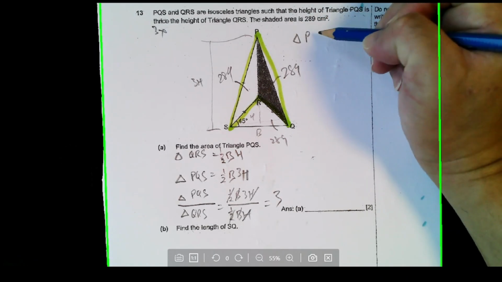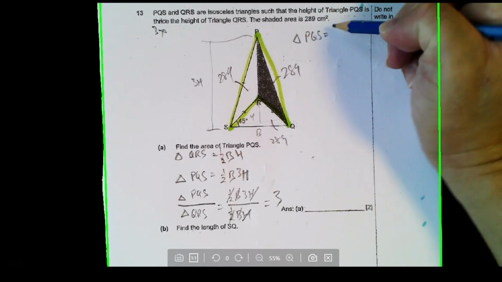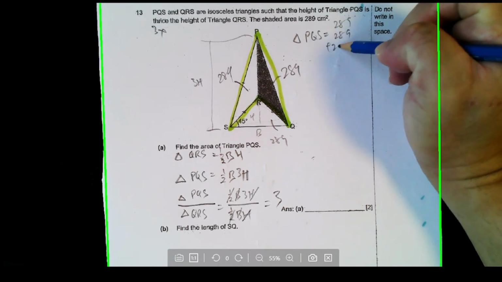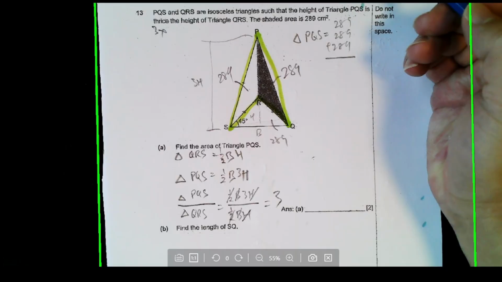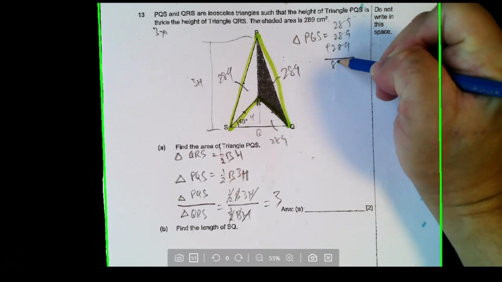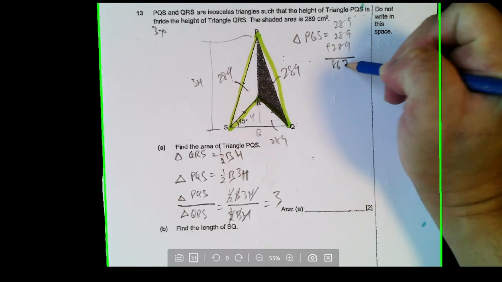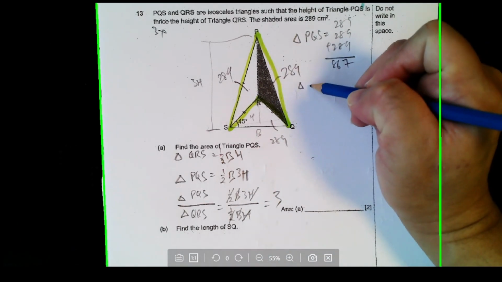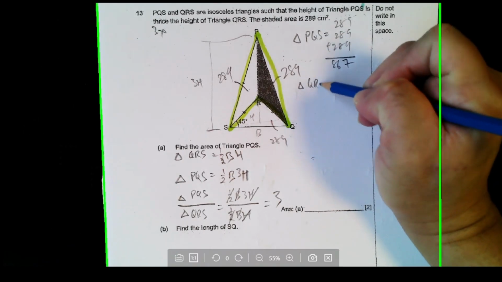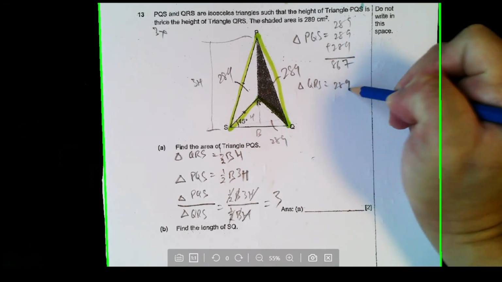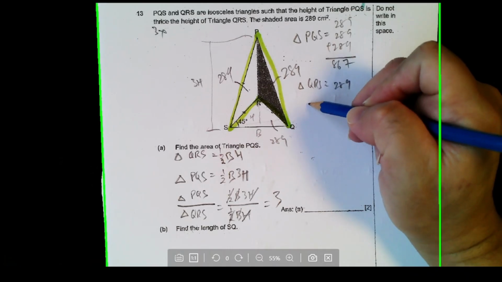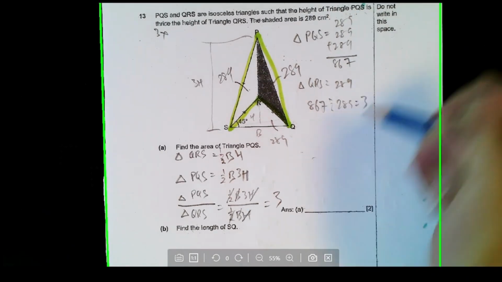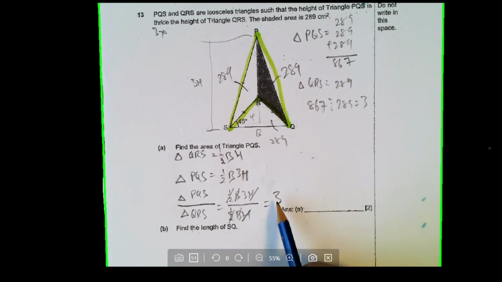Triangle PQS, it's 289 plus 289 plus 289. Use your calculator to check if you have to. 867. And the small triangle QRS is 289. Check. 867 divided by 289, you get 3. Correct.